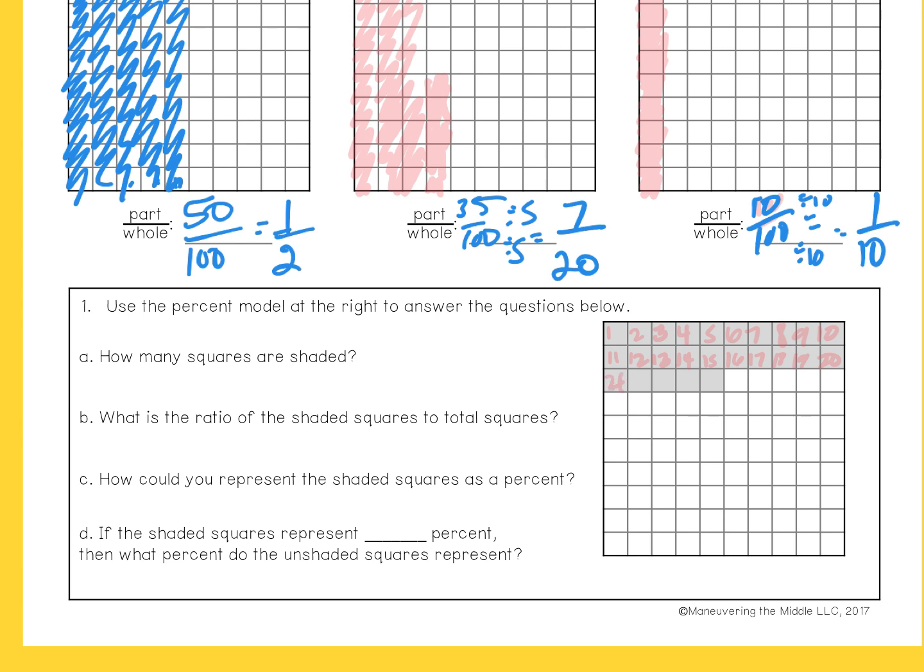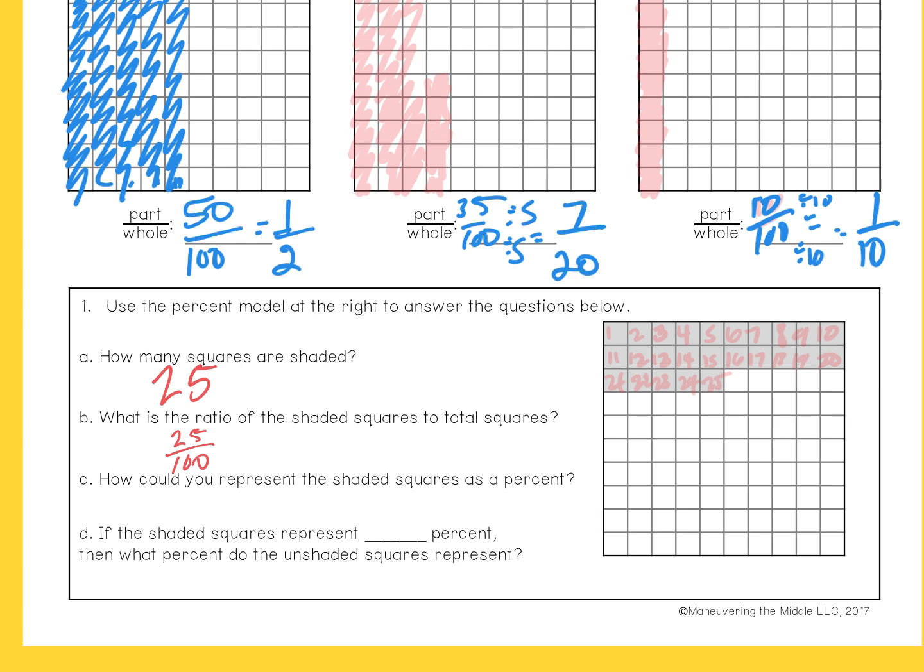And now there are 25 total squares shaded. If I write a ratio for that, there's 25 out of 100 shaded. So we have 25 over 100.